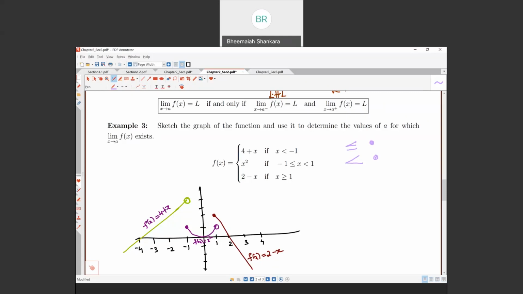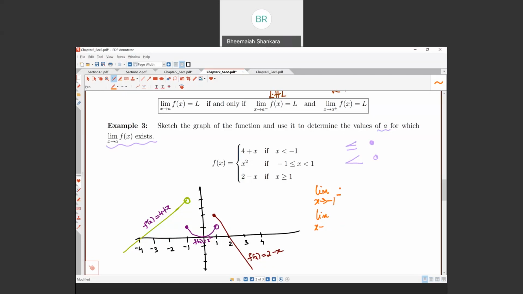So now let's get back to the question. The question is asking you to find a for which the limit exists. So let's read the points very carefully. Let's first choose -1 as a point of discussion. So we're going to discuss the limit of x approaching -1 from the left and the limit of the function when x is approaching -1 from the right.